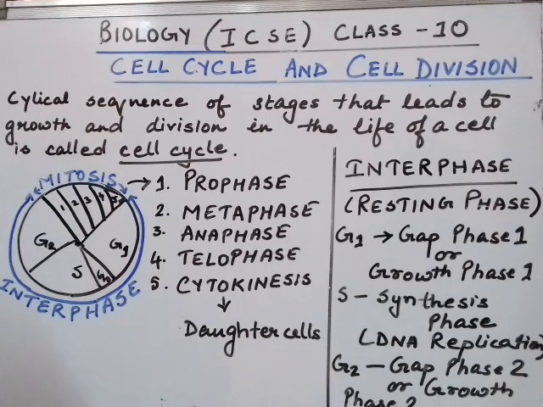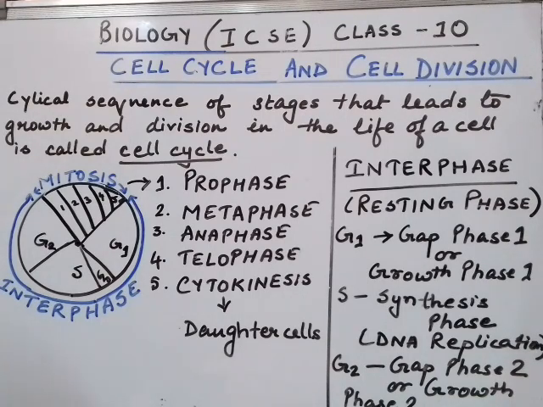When we go into the cell division phase, we have to study what is mitosis, what is mitotic cell division, and what are the stages included in it, in an elaborate way: prophase, metaphase, anaphase, telophase, and cytokinesis have to be read much better with diagrammatic representation, as these are the most important topics of the chapter, and the questions in the examination are set from each of the stages.